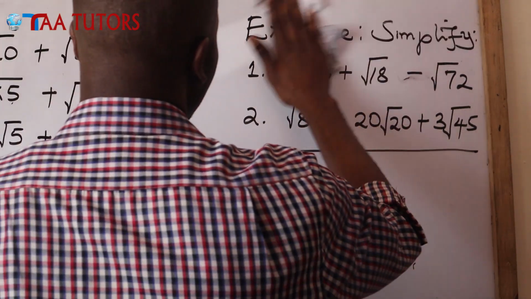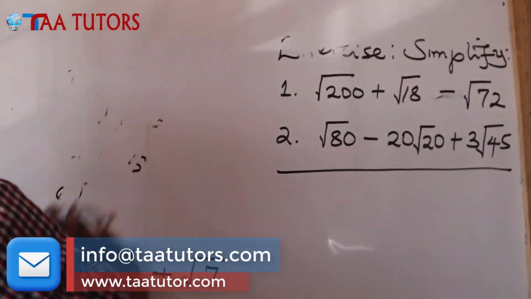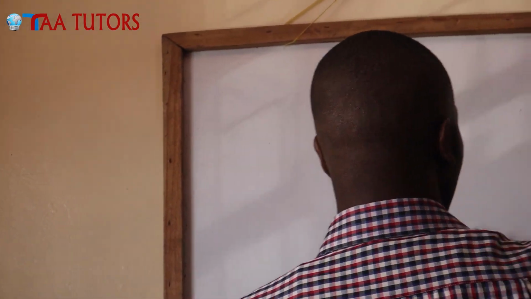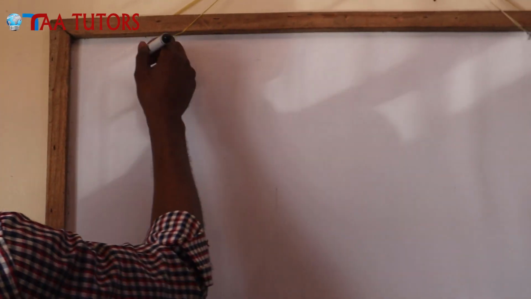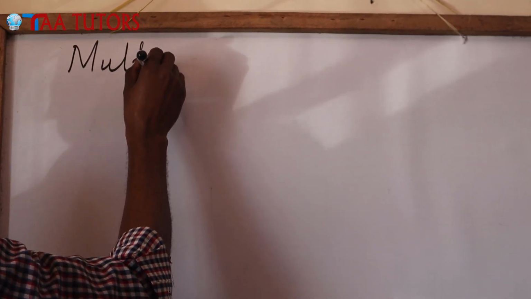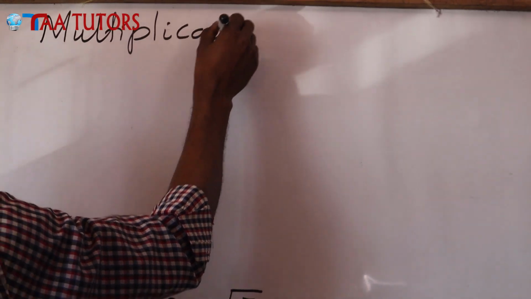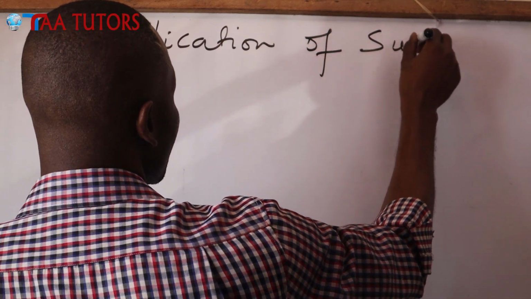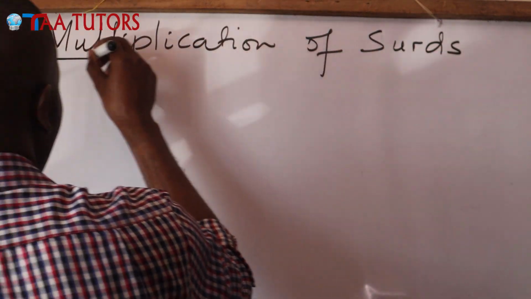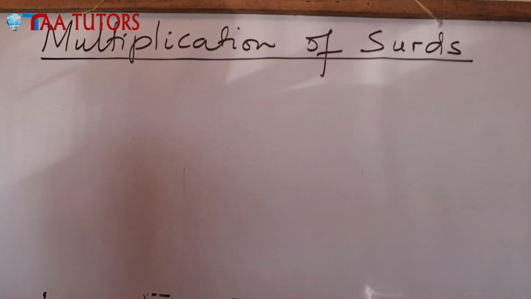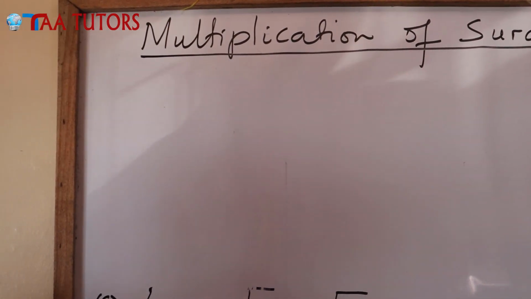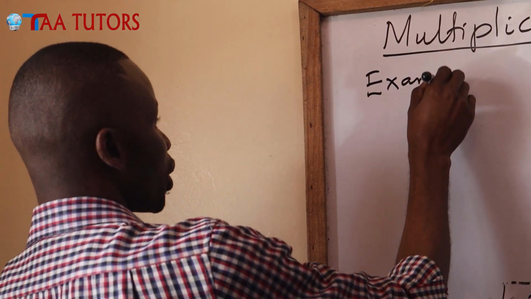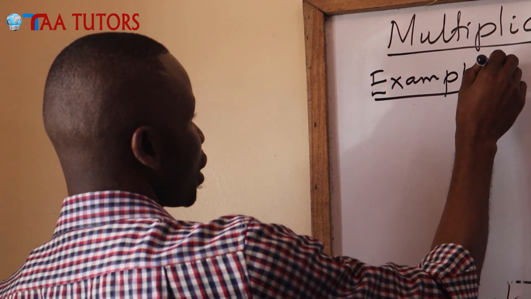Multiplication of surds is also very, very simple. Now multiplication of surds is simple, and let's just look at an example and see how you handle multiplication of surds.